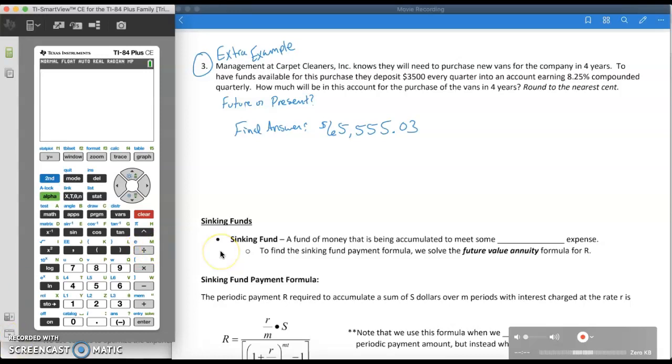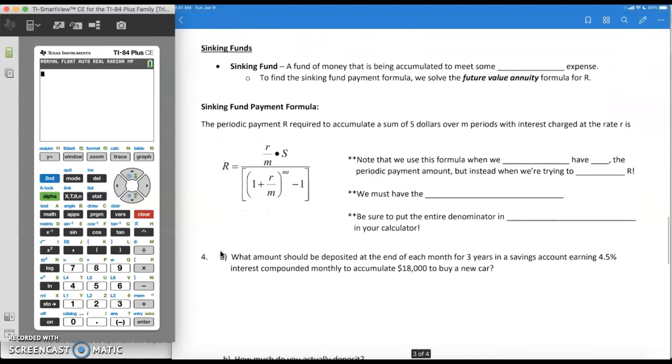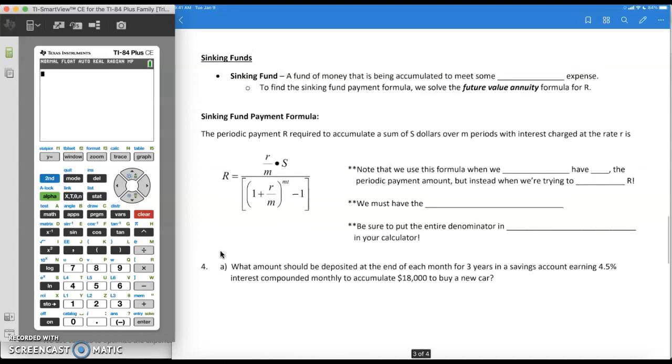But we're going to go ahead and move on to the idea of sinking funds. Now, your program doesn't specifically refer to these as sinking funds, but this is the technical name for it. So this is when there is a fund of money that is being accumulated to meet some future expense.